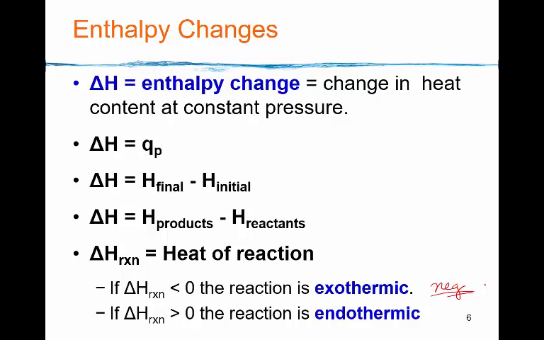If it's greater than zero, that is, it's a positive number, a delta H, then it is endothermic and I have to put energy in. So exo, out, negative. Endo, in, positive. Okay?